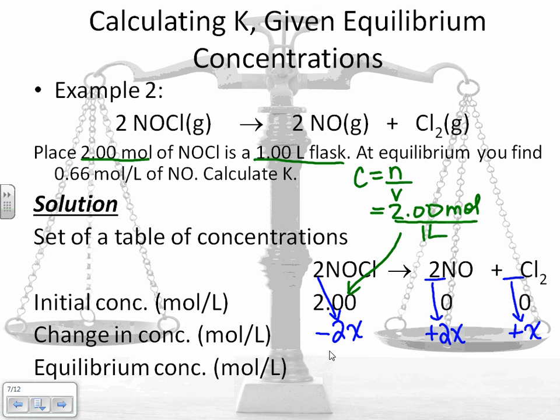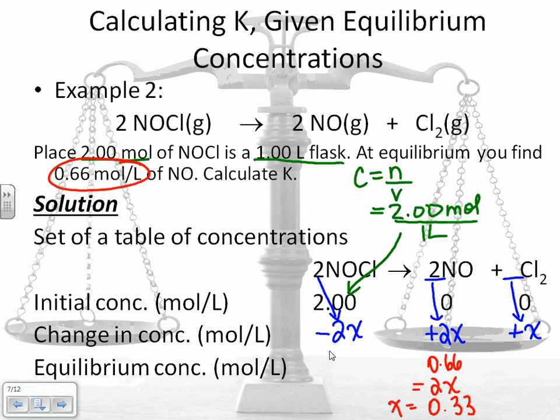Then it also said in the question that at equilibrium, I have 0.66 moles per liter of NO. That is equal to 2x, because I just said I'm going to go from 0 to 2x. That's 0.66. That means x equals 0.33.